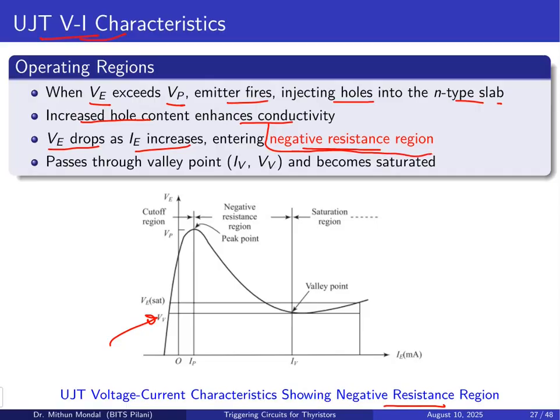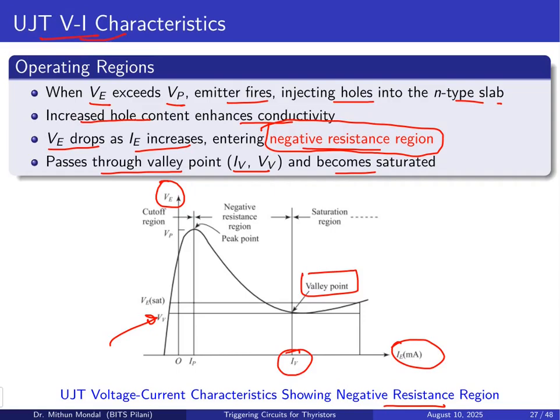So the UJT functions in the negative resistance region and passes through the valley point, given by IV and VV, and becomes saturated. So here you can see the valley values, and this is the peak current, which is the negative resistance peak point. And here you have the saturation region.